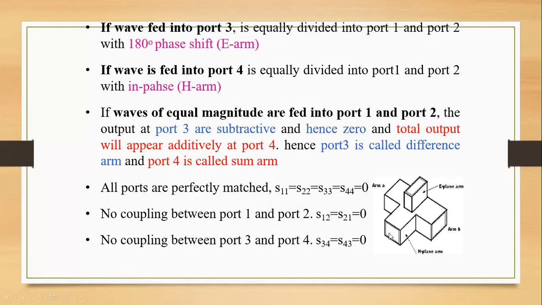If you consider H-plane as your sum port, or the additive port, the total output you get will appear additively across port 4. So port 3 is called your difference arm and port 4 is called your sum arm. Now considering this, you're going to derive again the equation for the magic T.